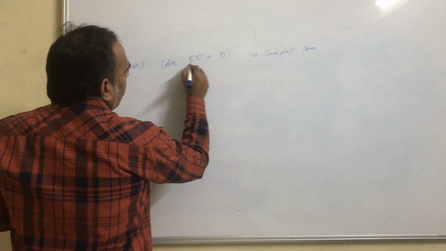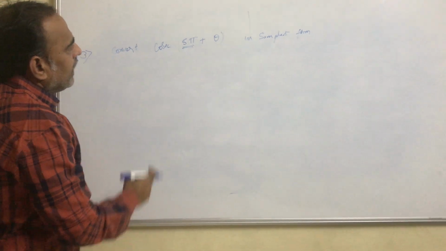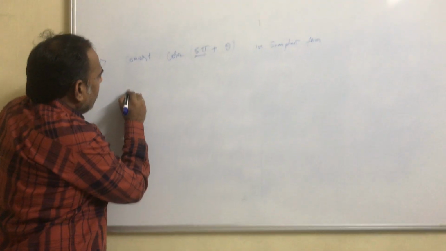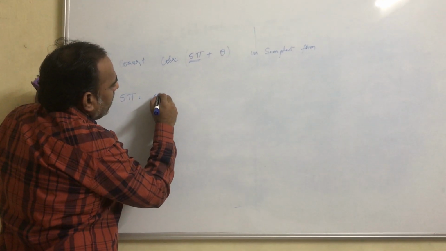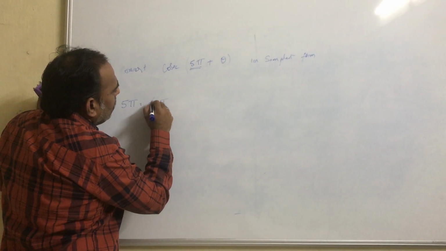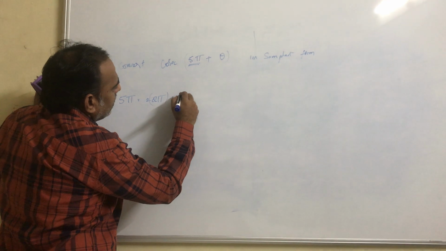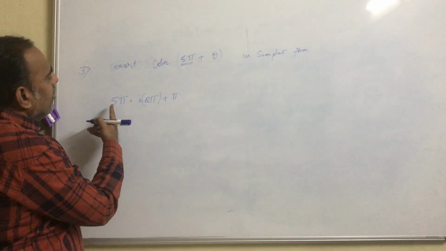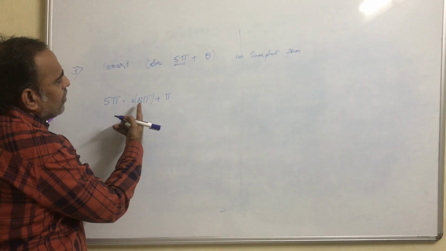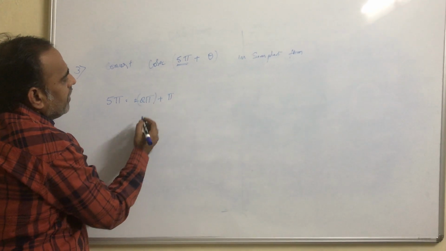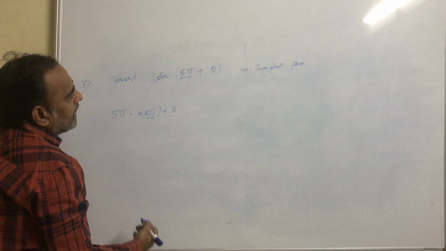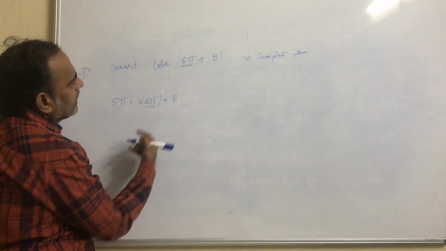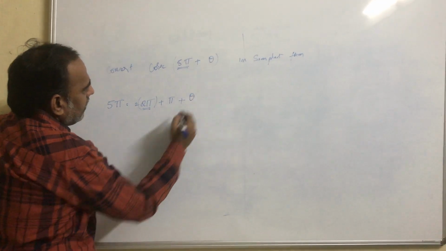Okay. Take 5 pi. How can we write 5 pi? 5 pi can be written as 2 into 2 pi plus pi, right? Why have I written 2 pi? Because 2 pi means we make one rotation. That is why I am converting like this. Plus theta.